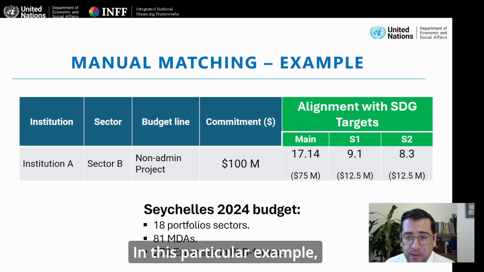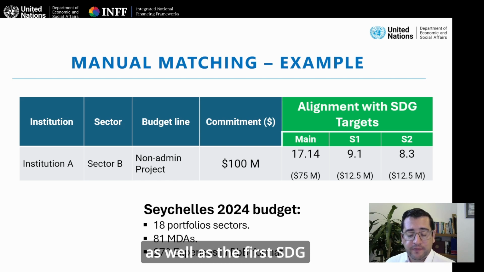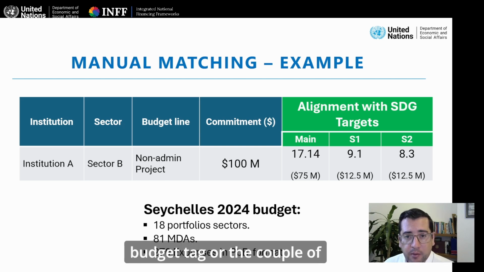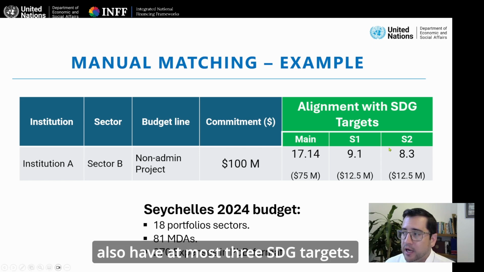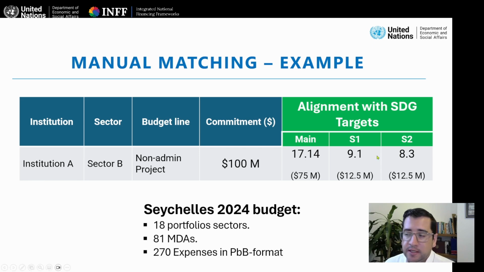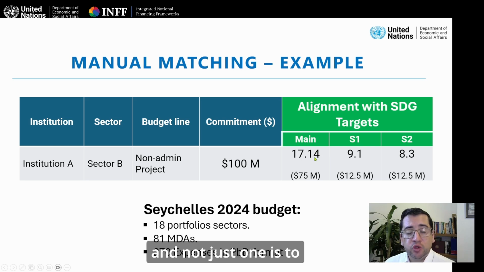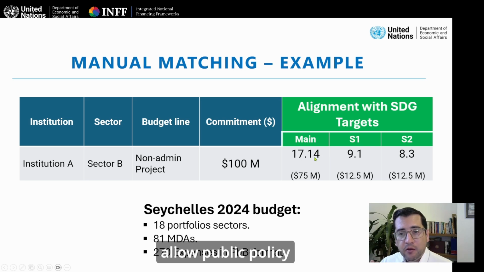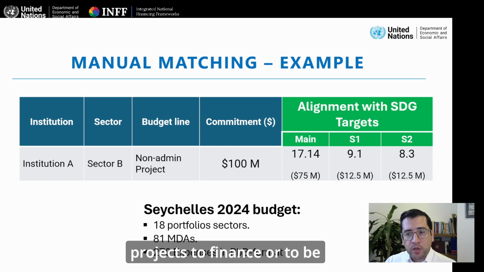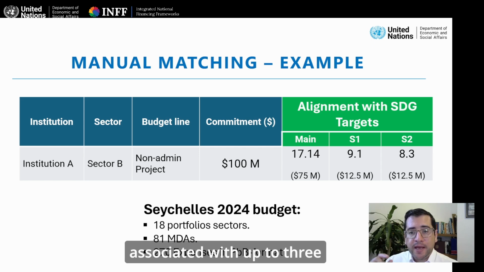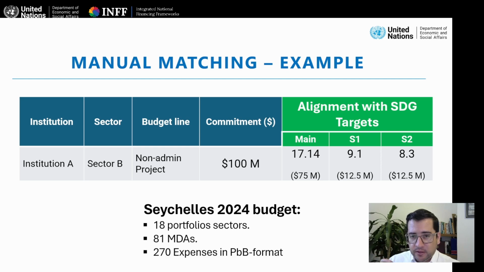In this particular example, as well as the first couple of SDG budget tags that have been done for Seychelles, there are at most three SDG targets. The idea for having three and not just one is to allow public policy projects to be associated with up to three topics of development.